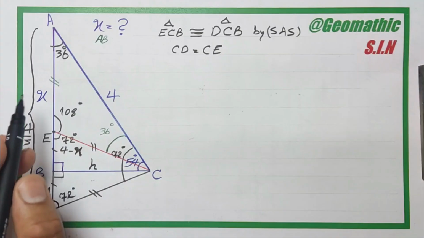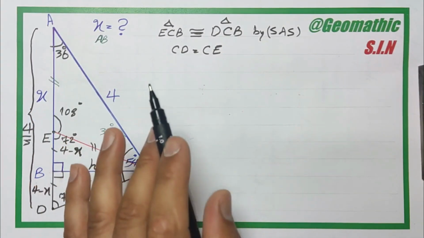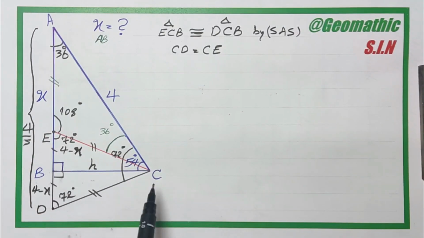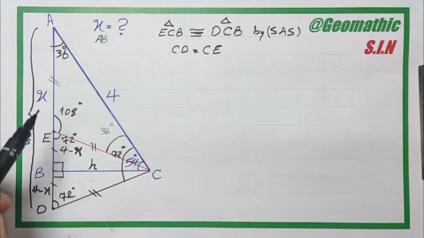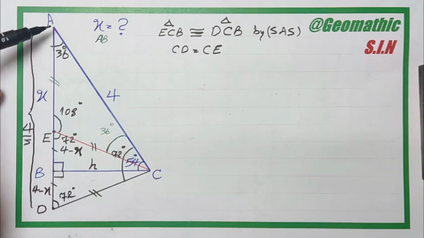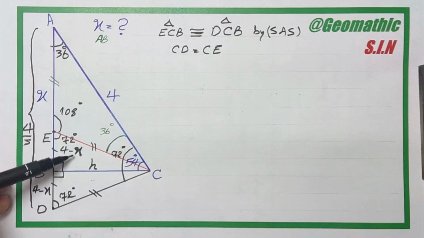The only unknown here is X, which means everything has to be written in terms of X. We know AE equals EC equals CD, and we can find AE in terms of X. We know AB equals X and EB equals 4 minus X. So AE equals AB minus (4 minus X), or X minus (4 minus X).